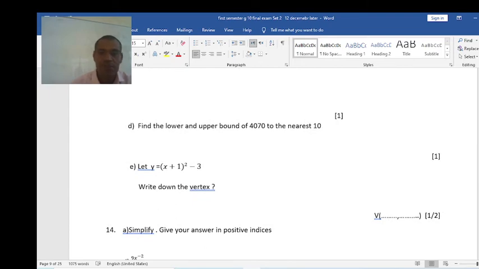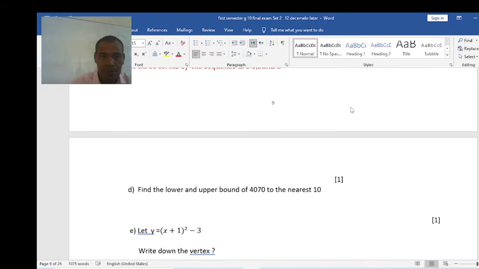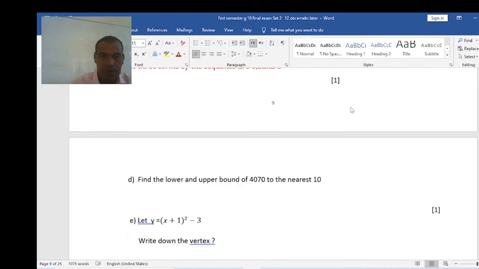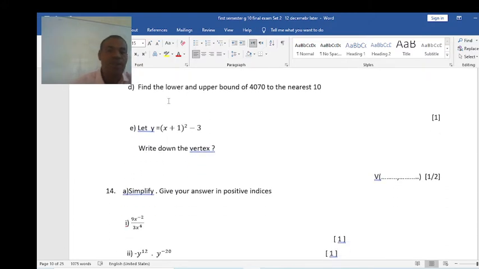Now the question: find the upper and lower bound of 4070 to the nearest 10.